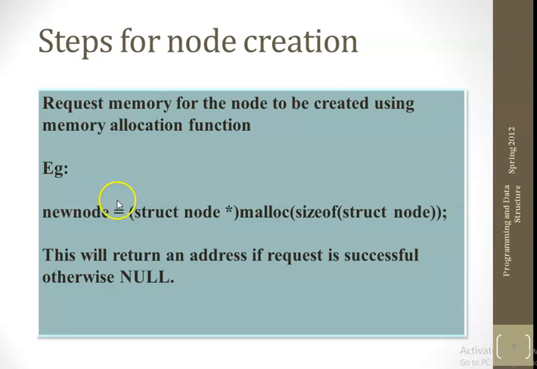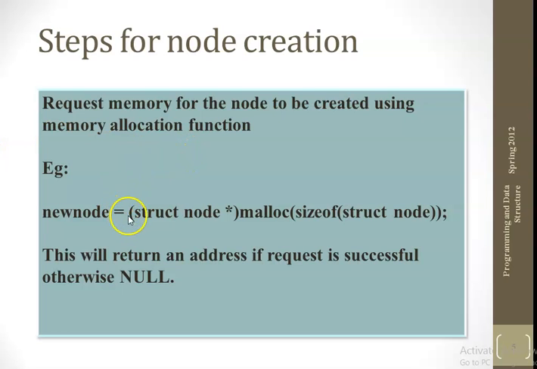Suppose 5000 is the value returned and the node size is 6 bytes. Then from 5000 to 5005, that is 5000, 5001, 2, 3, 4, 5, those 6 spaces will be reserved for this node. Is it clear?